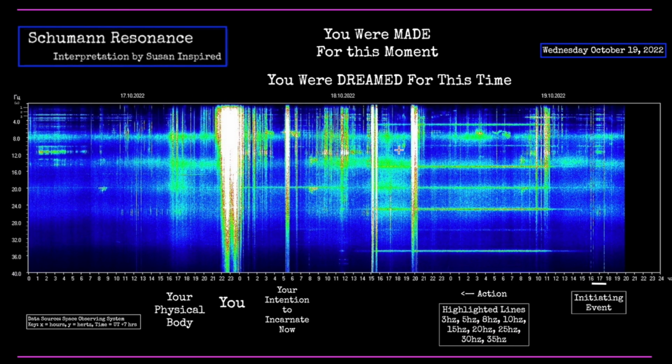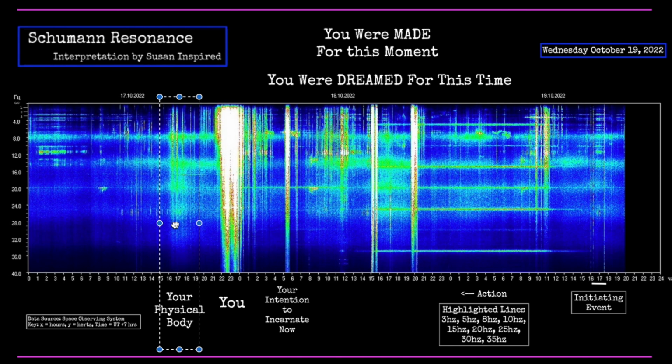So here's what happened. You came through the gateway. You intended. You planted the seed of intention. You came in as a living soul. And then here's the green. You came in to physical form. So there's two: there's you as the soul, and there's you as the physical body, when you came in to this time.